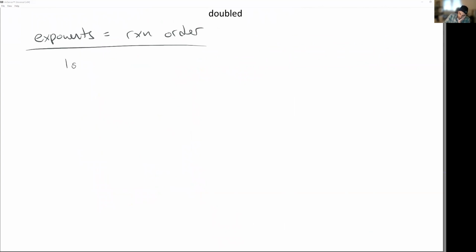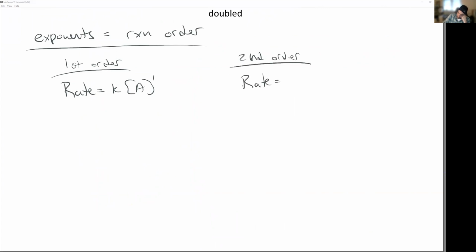Let's take a look at a first order reaction. If I have a first order reaction, that means we can write the rate law: rate is equal to K times the concentration of A raised to the first, right? That's a first order reaction. What about a second order reaction? What would you have? Rate is equal to K times the concentration raised to the second, okay?